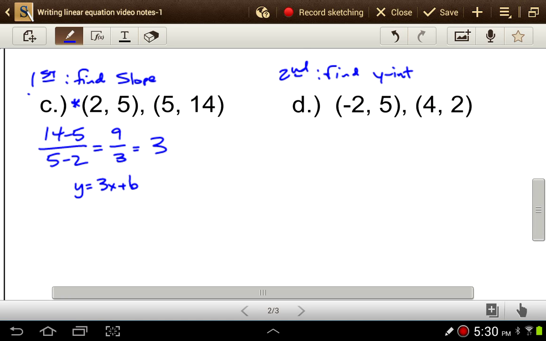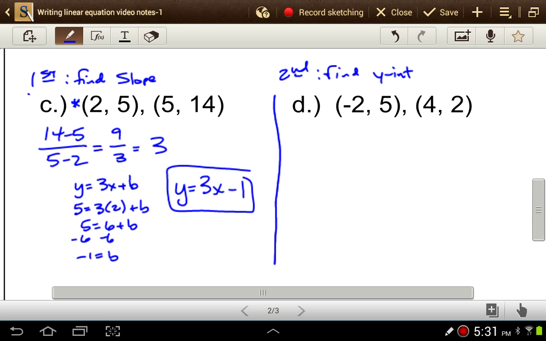So y is 5, so 5 equals 3 times 2 plus b. 5 equals 6 plus b. Subtract 6 from both sides. You get negative 1 equals b. That's my y-intercept. Now I have my slope of 3. I have my y-intercept of negative 1. So y equals 3x minus 1.